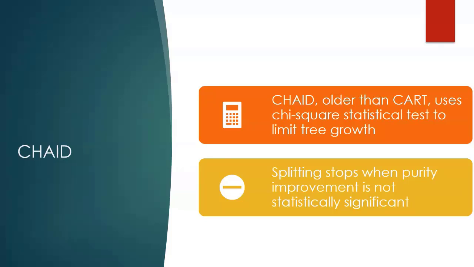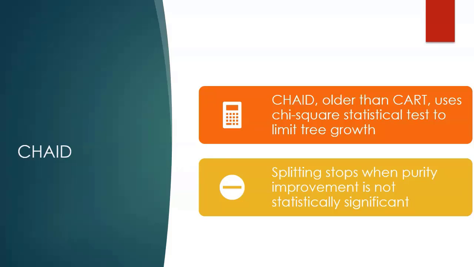Imagine the scenario where you want to grow a tree in your garden, but you don't want it to go beyond a certain height, so you are just trimming the tree as it is growing.